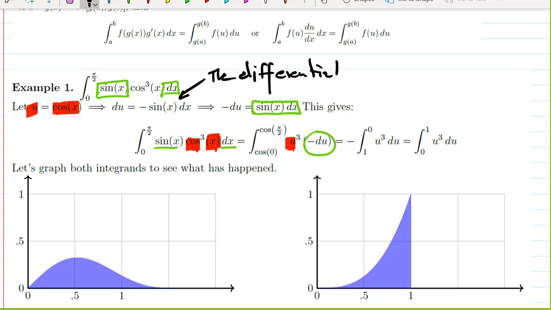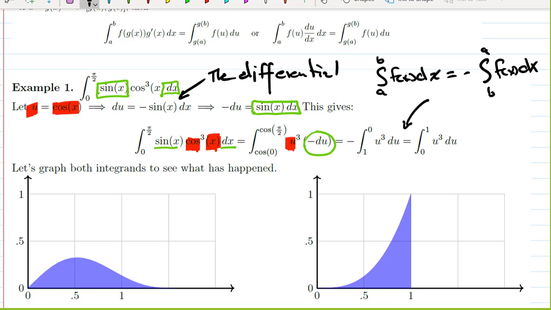And if we reverse the limits of integration, we have the property of integrals: the integral from a to b of f of x dx is equal to the negative of the integral from b to a of f of x dx. So we reverse them, and we get the integral from 0 to 1 of u cubed du.